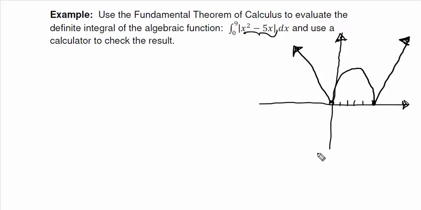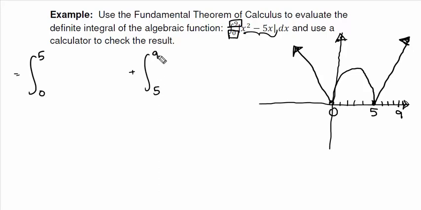But you see that the function is different between 0 and 5 than it is between 5 and 9. So if I want to look at the integral from 0 to 9 of this function, this is one I'm going to have to split up from 0 to 5 and then from 5 to 9.